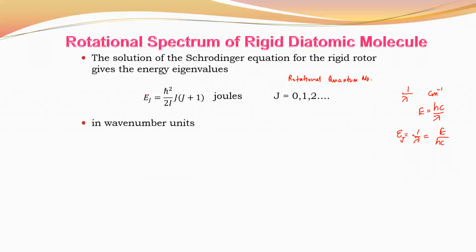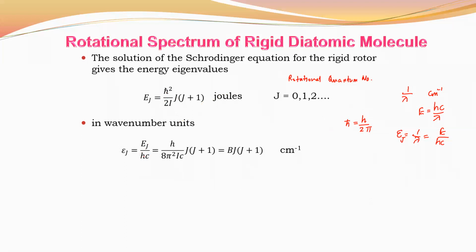Then we write in wave number units, epsilon j is equal to Ej divided by hc. What is h cross? H cross is h divided by 2 pi. Then h cross square means h square divided by 4 pi square.